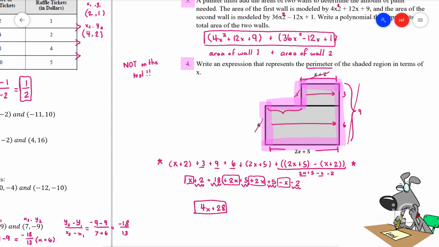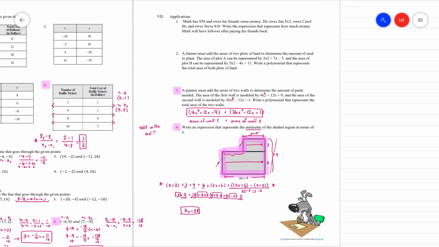The idea of adding our polynomials and subtracting our polynomials, yes, that is on the test, but there is not a write an expression that represents perimeter of the shaded region on the test. So if you are freaking out saying, what in the world did she just do on number 4? It's going to be okay. I just wanted to test your knowledge and see what you were able to do on that one, but do be prepared to see one like those first 3.